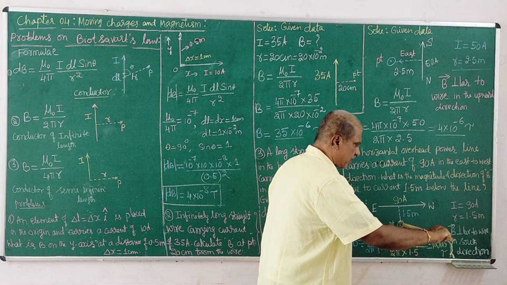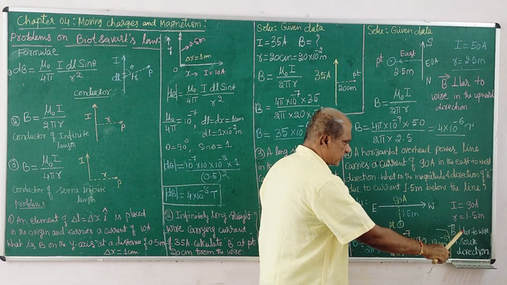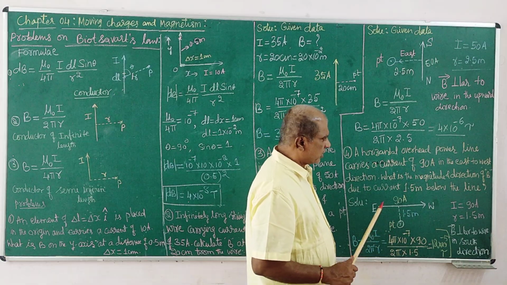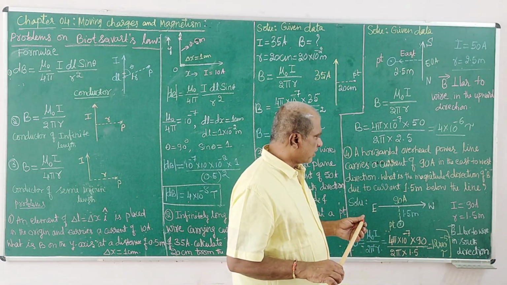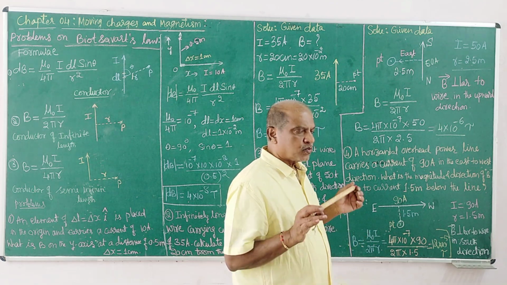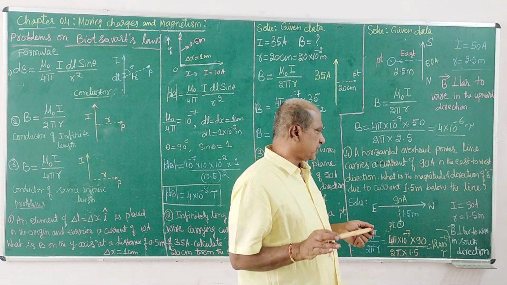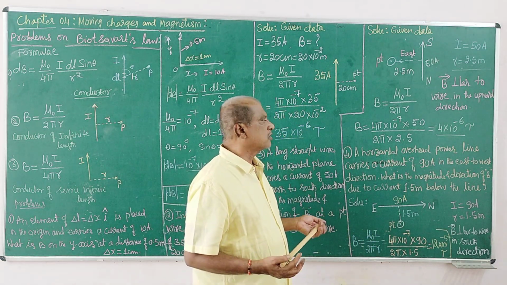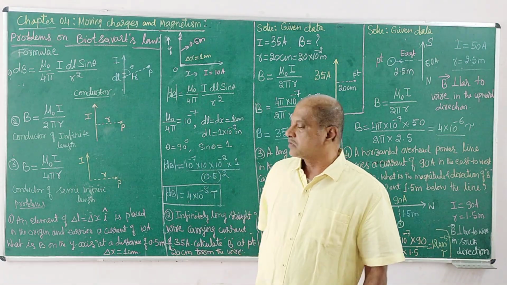That is the direction of the magnetic field under this power line. So this is how we can solve the problem. While solving, we need to put the data into a pictorial representation, then it will be easier to solve the problems. This is how we have solved all the problems this time.